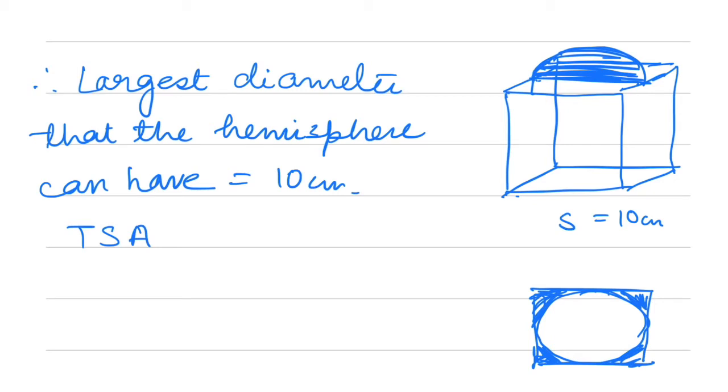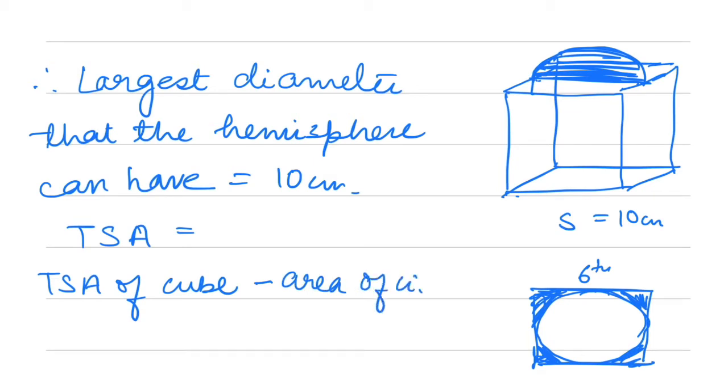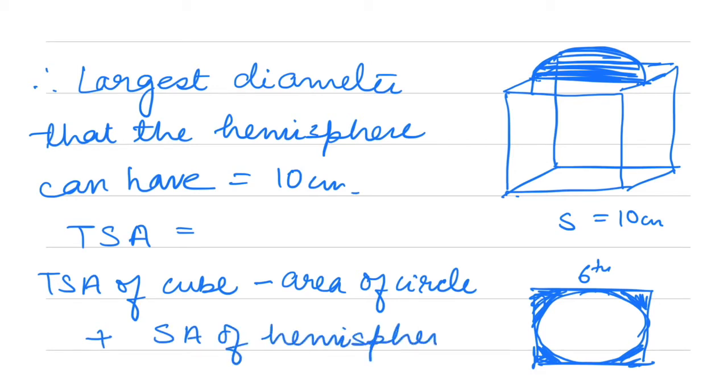So all the 6 surfaces, because on the 6th surface I would say that I will subtract pi r square. So total surface area will be TSA of cube minus area of circle for the top plus surface area of hemisphere which is surmounted.